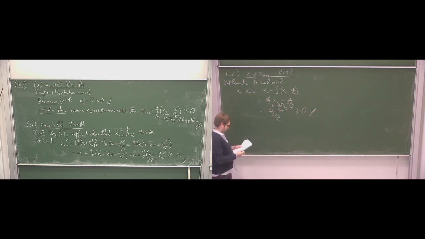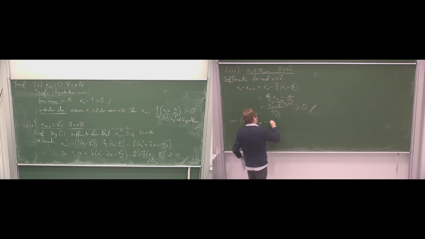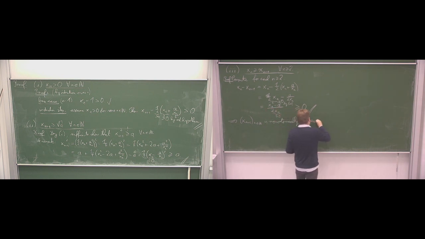So we've got this. So we know that from the second term on we are bounded and monotone. So we've seen it follows that if we take the sequence x_{n+1}, n in the natural numbers, this is monotonically decreasing, bounded from below.